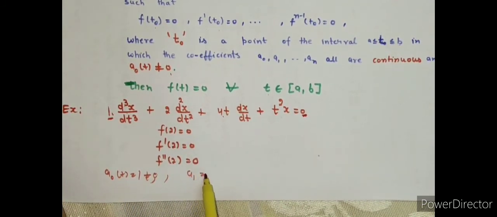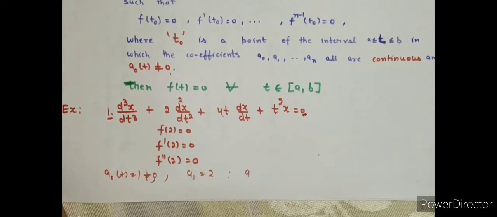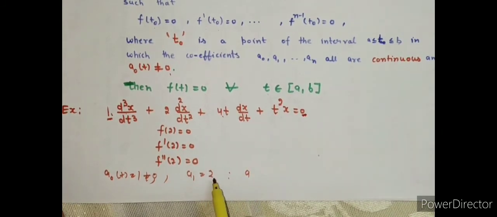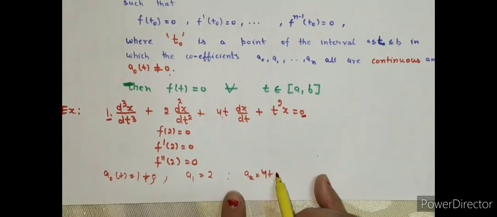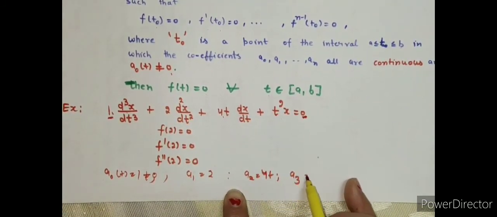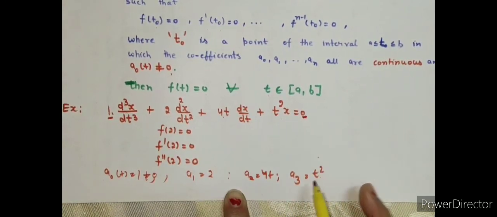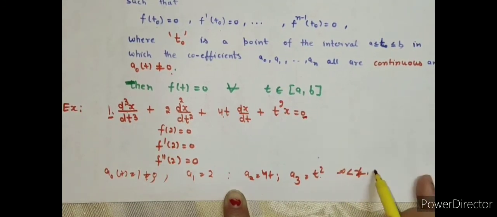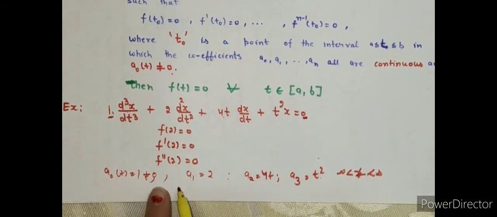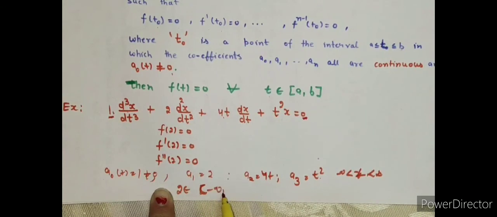My a1 is equal to 2, a2 is equal to 4t, and a3 is equal to t square, and these are all continuous functions for all values of t from minus infinity to infinity, and this t naught is also belonging to this interval minus infinity to infinity.